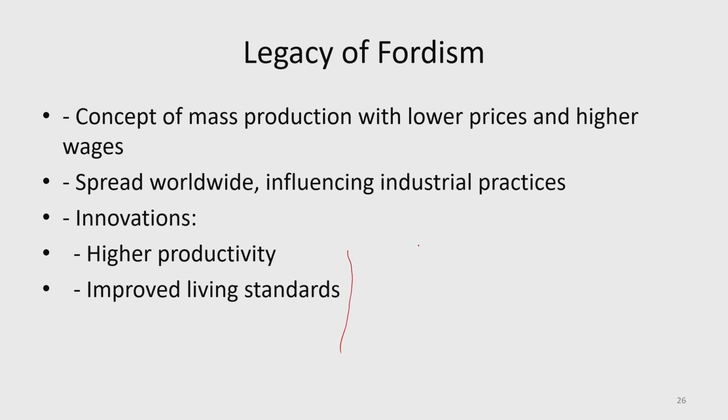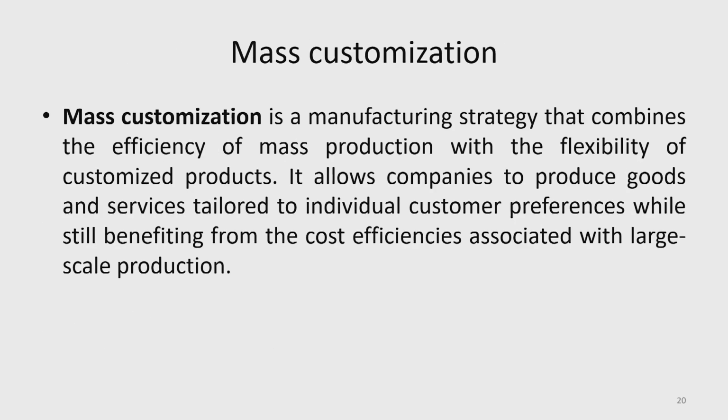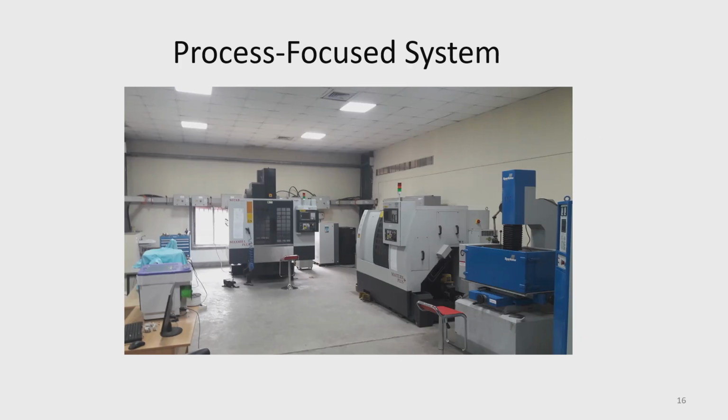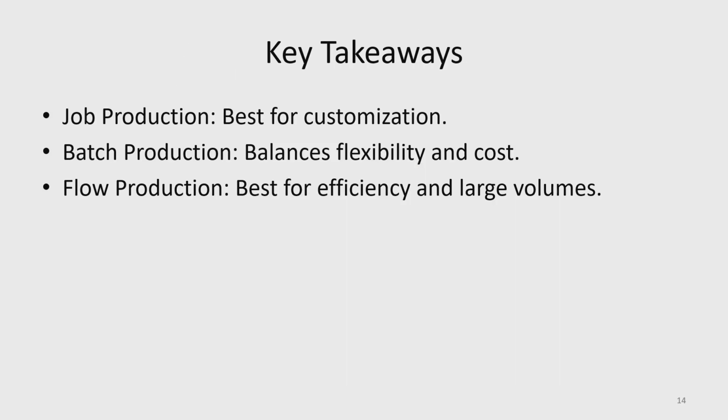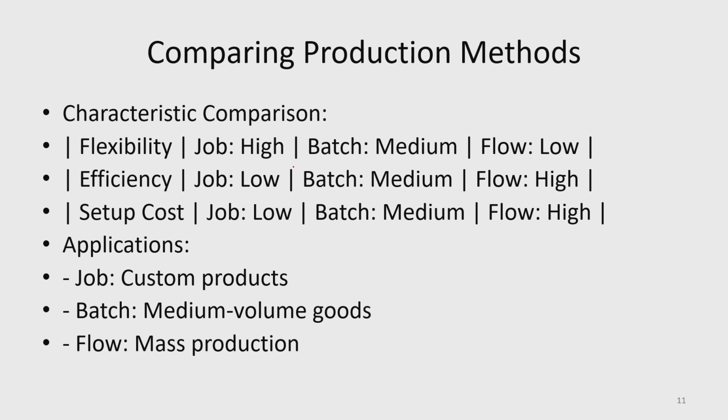Suppose, as I have said, there are pros and cons for these features. Job production has flexibility, batch production has medium flexibility, like that. Let us say two types of production systems are there. Both may be mass production, but one is expensive and another is slightly less expensive.